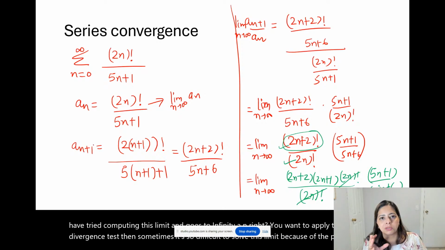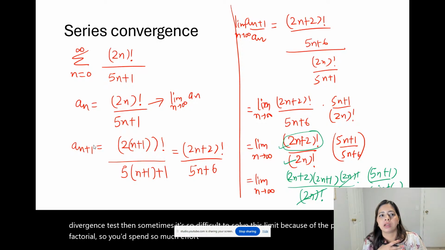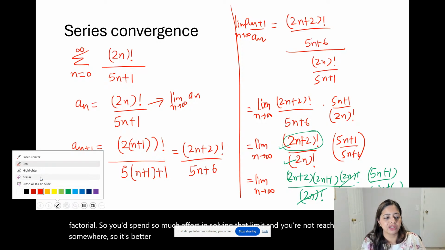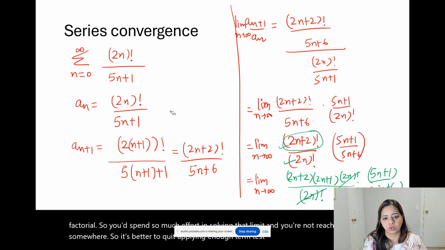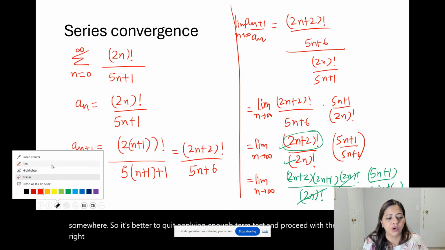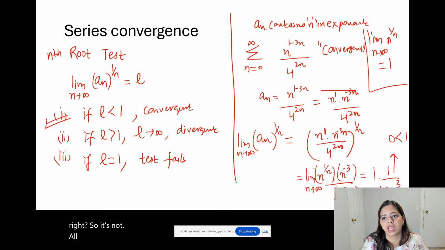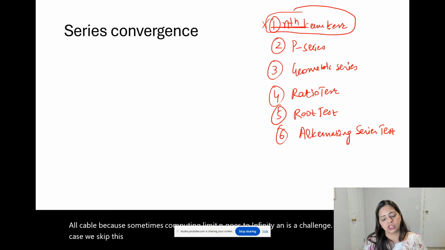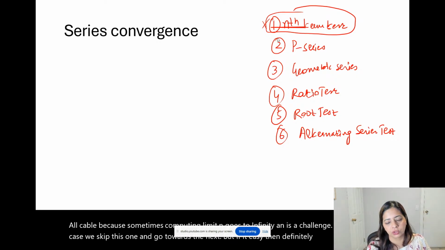You'd spend so much effort in solving that limit and not reach anywhere. So it's better to quit applying the nth term test and proceed with the ratio test, right? It's not always workable because sometimes computing the limit as n goes to infinity of a_n is a challenge. In that case, we skip this one and go to the next. But if it's easy, then definitely it's helpful if it works.